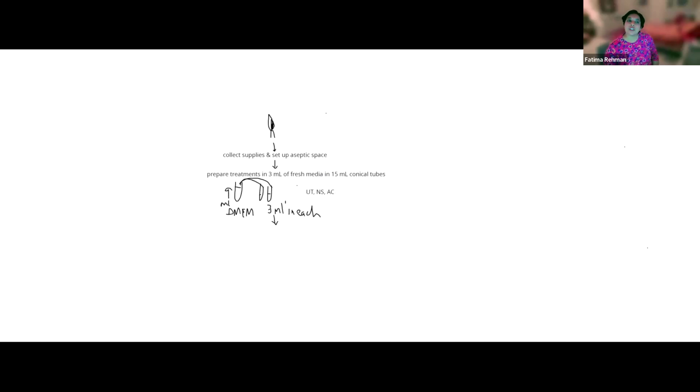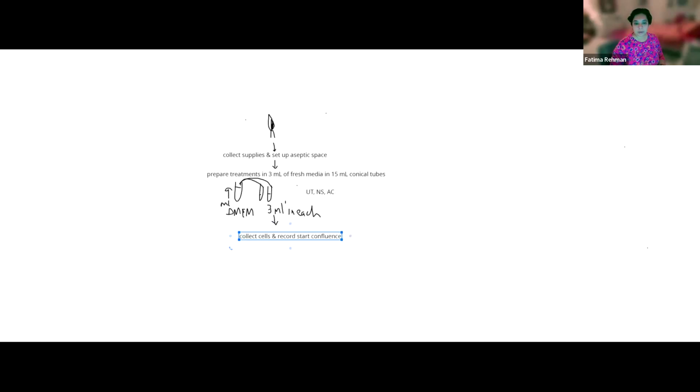Now you get the cells and check your start confluence. So first of all, I will write it out, then I will draw it. You're gonna select cells and record start confluence. Okay.